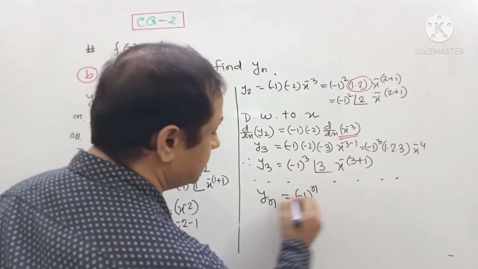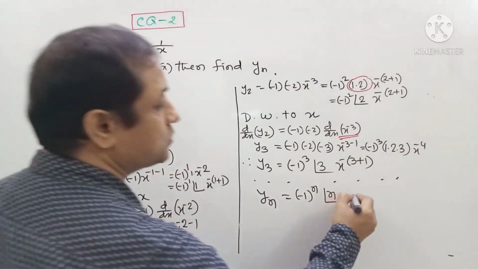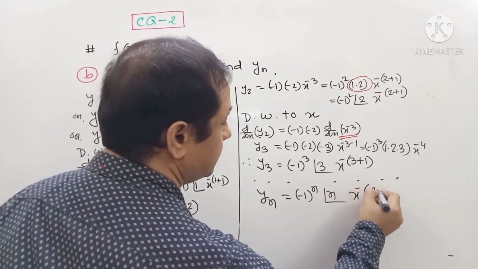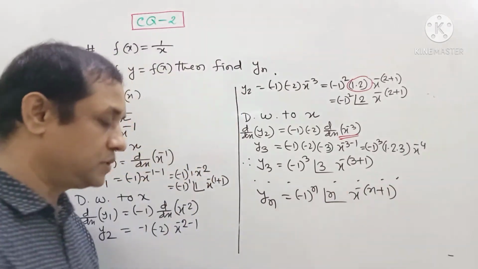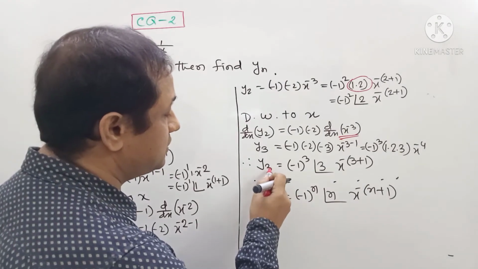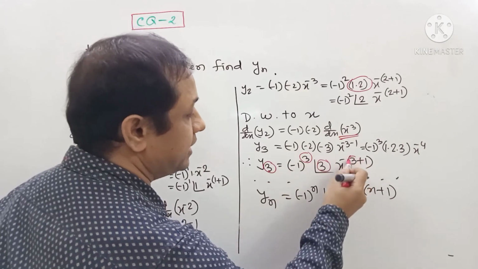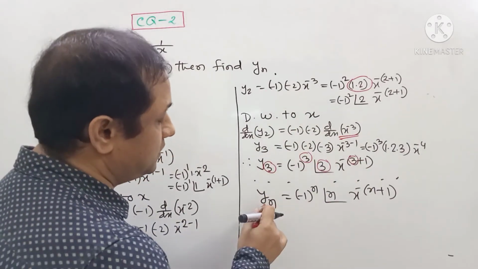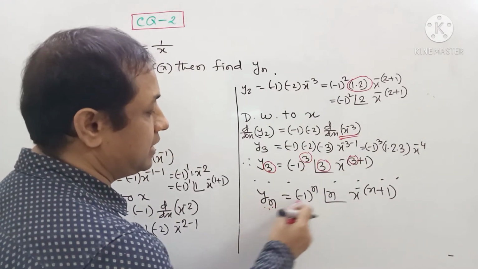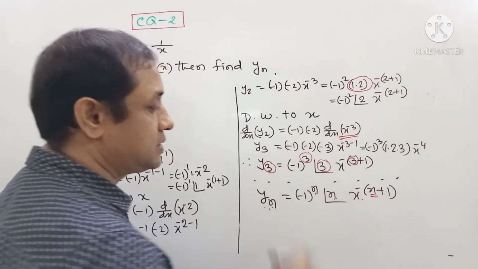Here factorial 3, so yn is factorial n, and x to the power minus n plus 1. So student, attention please, here 3 times differentiation, so here 3 and factorial 3 x to the power 3 plus 1. So n time differentiation, here n factorial n x to the power n plus 1.